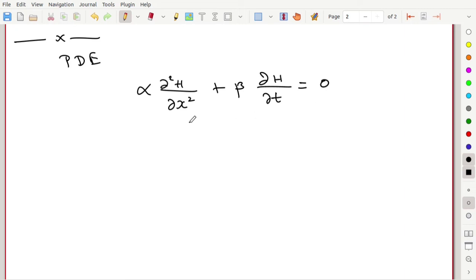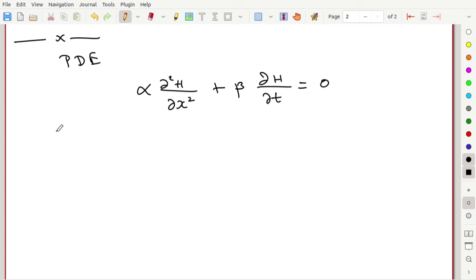This is one of the physical examples for a partial differential equation, and it is a homogeneous one because we don't have any function of our independent variable.